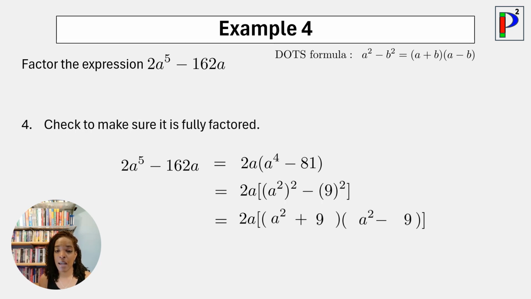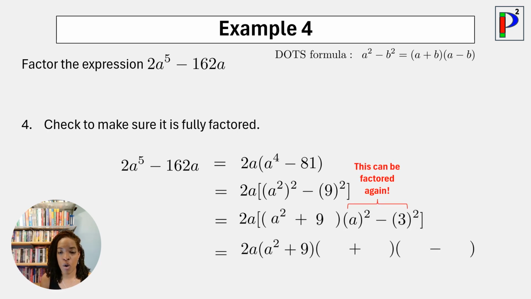Okay, and our last step is to check to make sure it's fully factored. Is it? It's not. a squared minus 9 can actually be factored again because it's a squared minus 3 squared. So we keep everything else the same, and then we factor using dots again. Now we're ready to box our answer and move on to our final example.